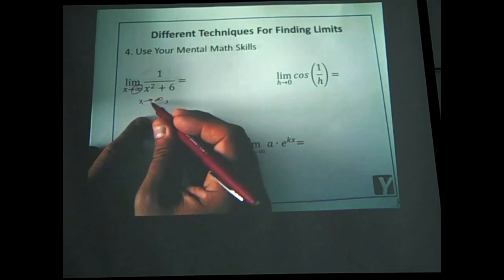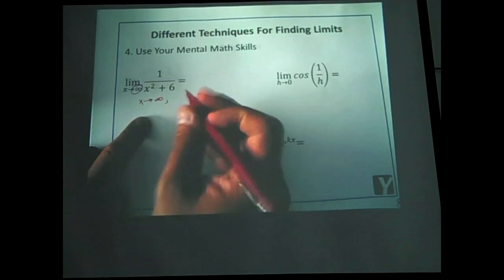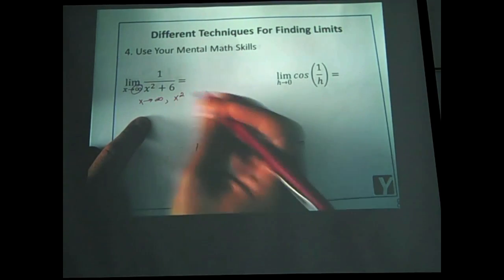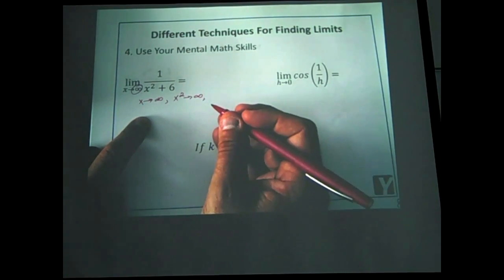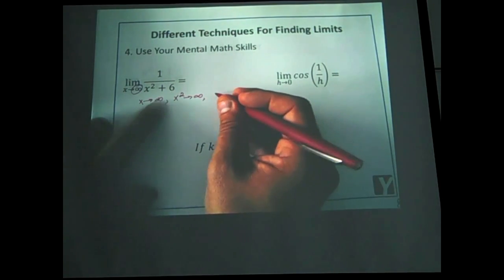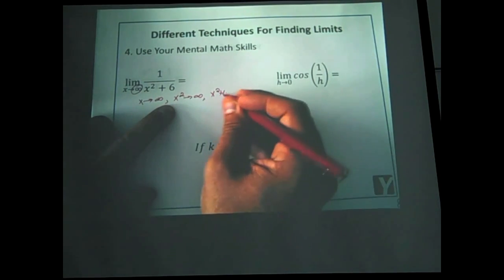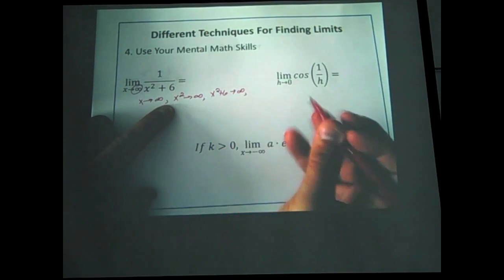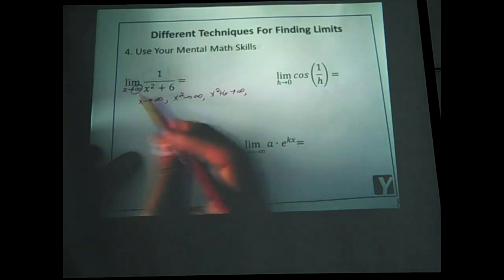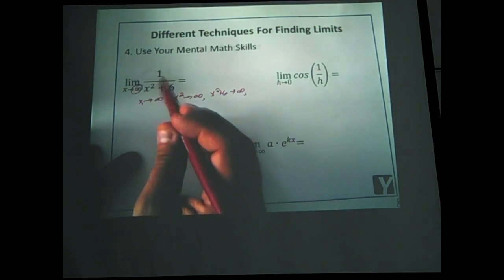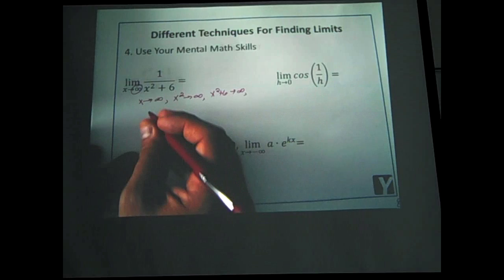If whatever x is, I plug it into this function, I'm supposed to square the x. Well, if x is approaching infinity, certainly x squared is approaching infinity even faster. If I then add 6 to that, that is approaching infinity. But what I need to do at the end is I have the limit as x approaches infinity of 1 divided by x squared plus 6.